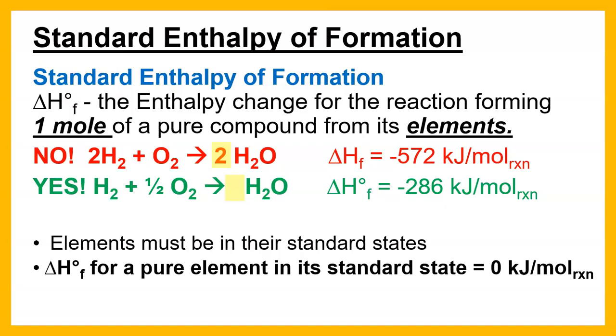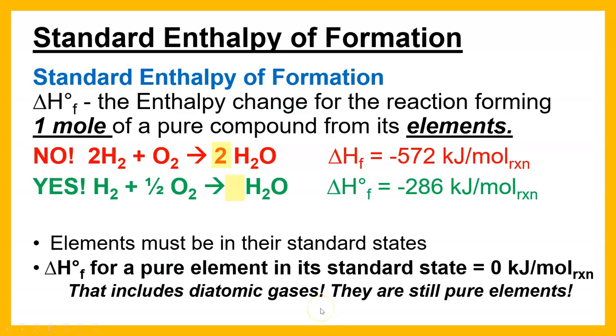You're going to feel like numbers are missing from your chart because College Board is assuming that you can remember hydrogen and oxygen are both 0. So make sure you don't forget that pure elements count. Those diatomics count as pure elements. So you could have a chunk of solid calcium, that's a pure element, but so are your diatomic gases.